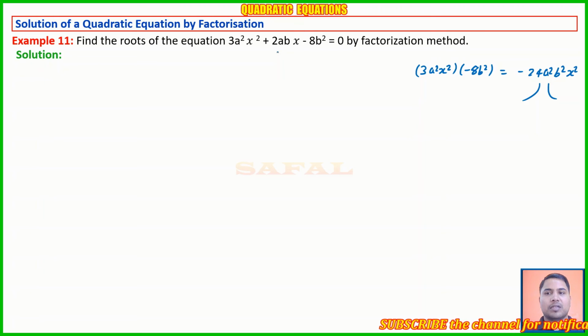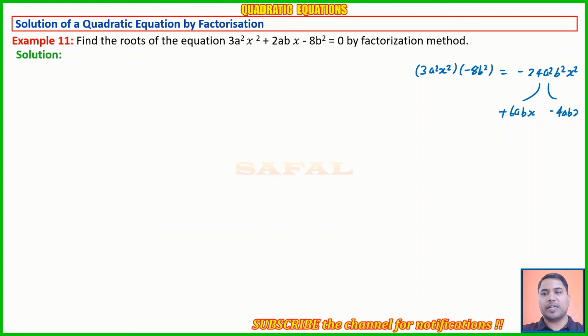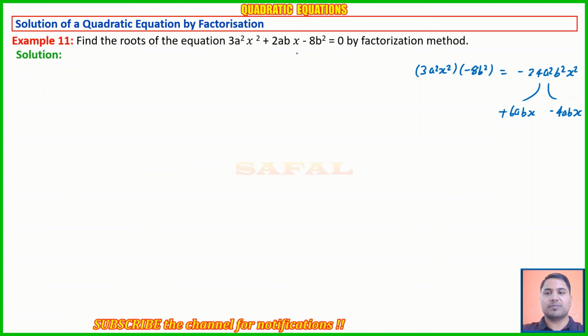So what I can do here is plus 6abx and minus 4abx, because 6 4s are 24, plus minus is minus, a square b square x square मिल जाएगा, and if I'll add this 2, I'll get plus 2abx.